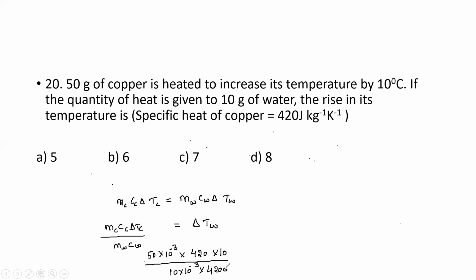We know it is 4200 is equal to Tw. Therefore, this Tw is equal to 5 degree Celsius. That is option A is the right option here. Option A is the correct option. Okay.